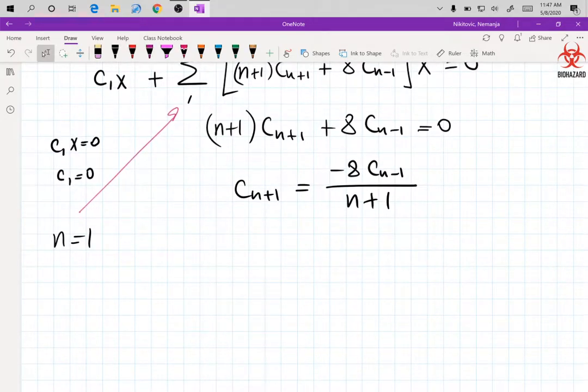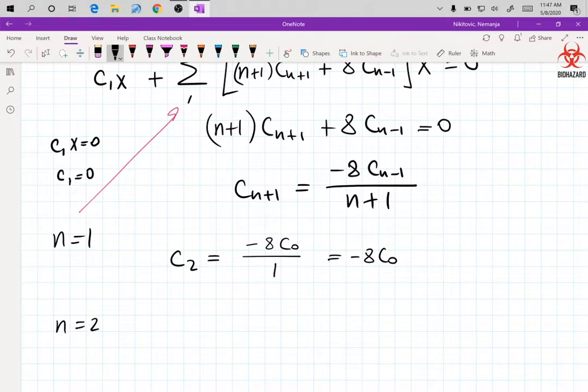So now when n is equal to 1, you get your c2, and that's great because your c1 died over there. Your c2 is negative 8 c0 divided by 1. So that's just negative 8 c0.